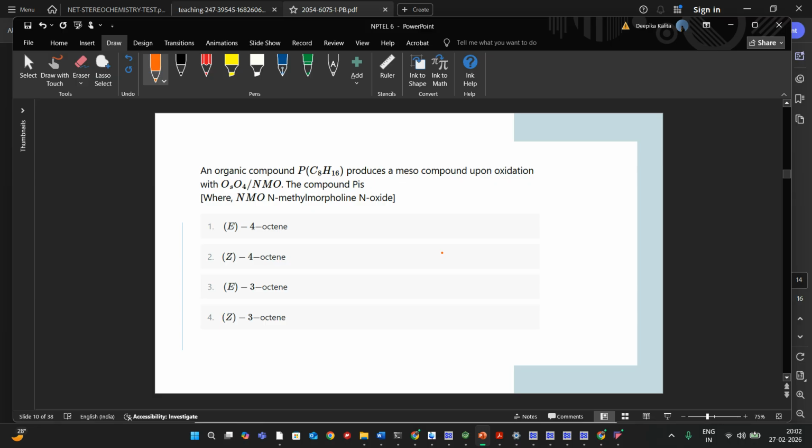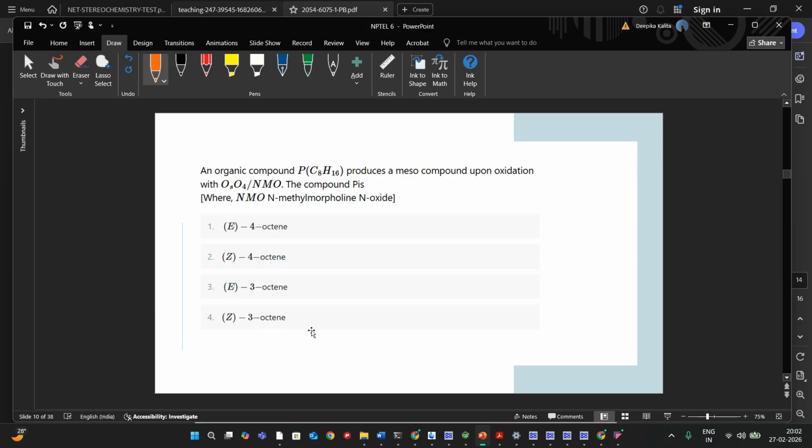Let us now move to the next question. An organic compound P, C8H16, produces a meso compound upon oxidation with osmium tetroxide and NMO. The compound P is E-4-octene, Z-4-octene, E-3-octene, or Z-3-octene.